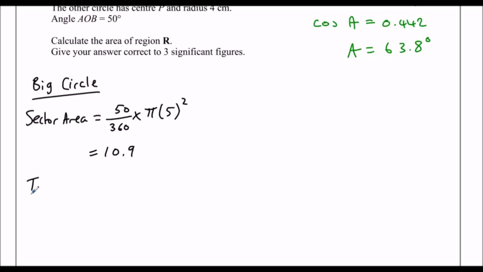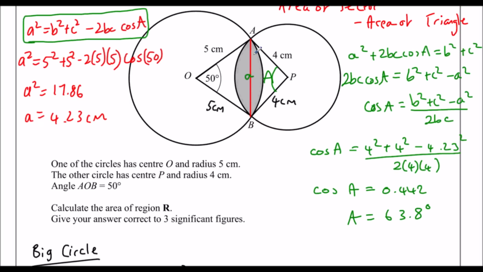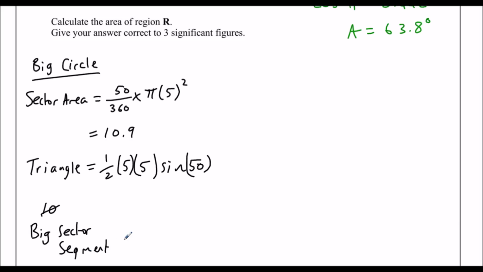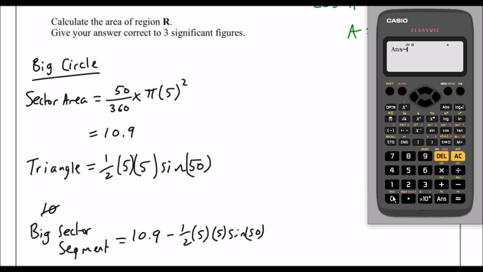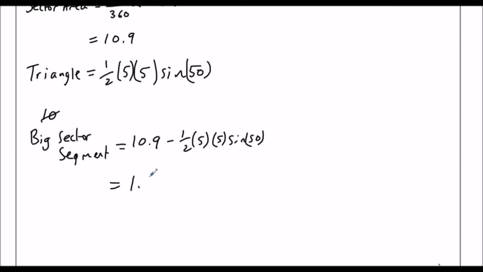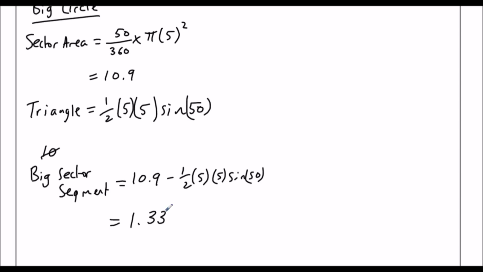And we want to take away the area of the triangle. This triangle, OAB, we can find the area of a triangle using half ab sin C. So half times a times b sin C. So the big circle segment is 10.9 minus half times a times b sin C. So we've got 1.33 centimeters squared.